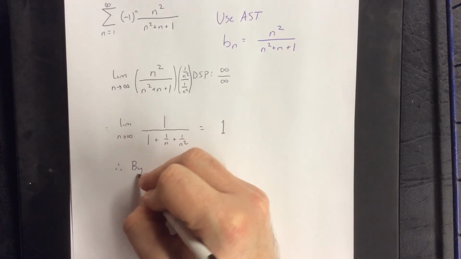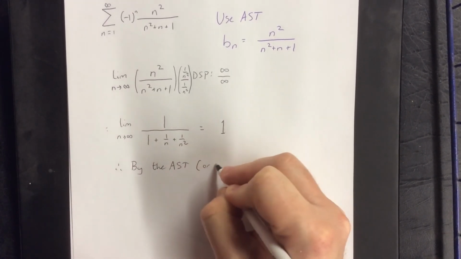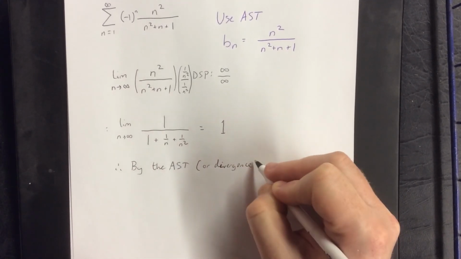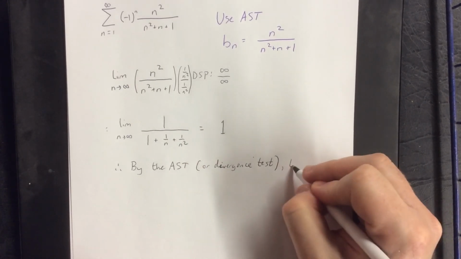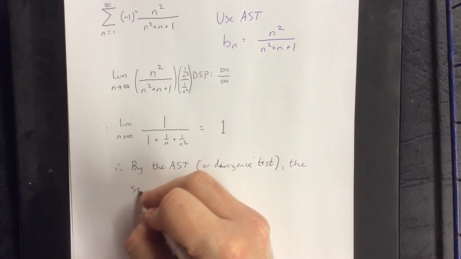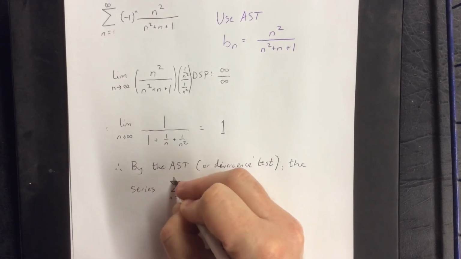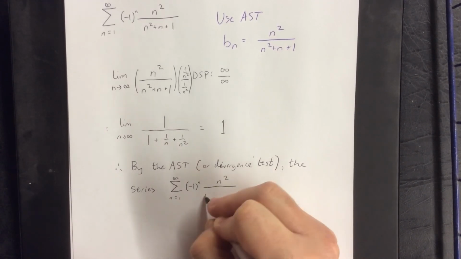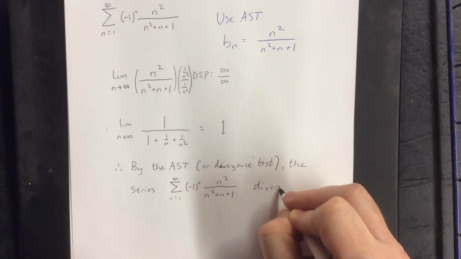Therefore, by the alternating series test, or technically the divergence test from back in section 11.2, the alternating series, sum from n equals 1 to infinity of negative 1 to the nth power times n squared over n squared plus n plus 1 diverges.